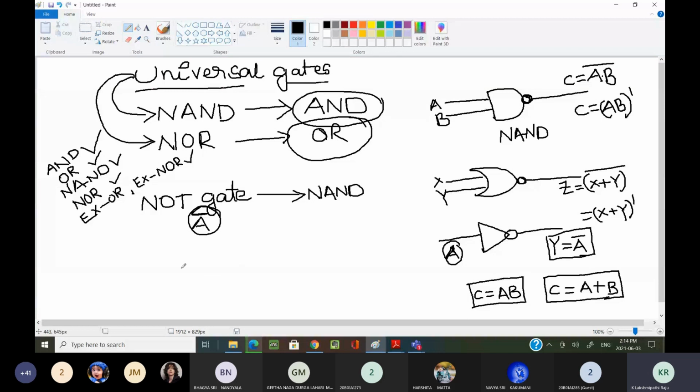Now here I am saying that the NAND gate definitely should have two inputs.